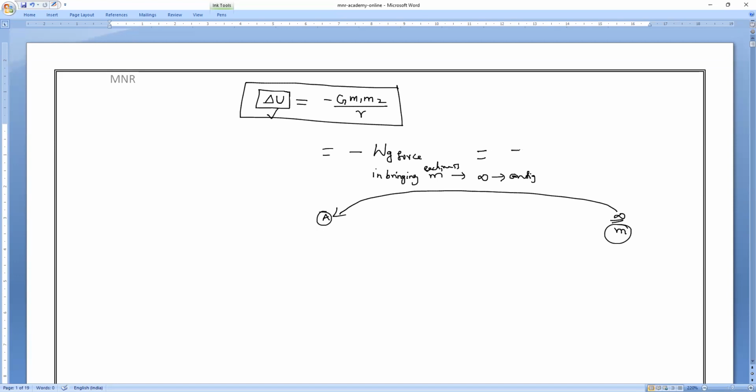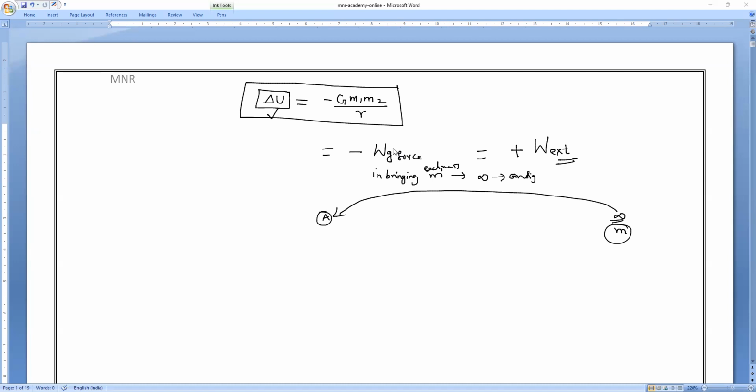It is equal to positive work done by the external forces, or negative of the work done by the gravitational force in bringing each mass m from infinity to a particular configuration. That is called the change in potential energy.